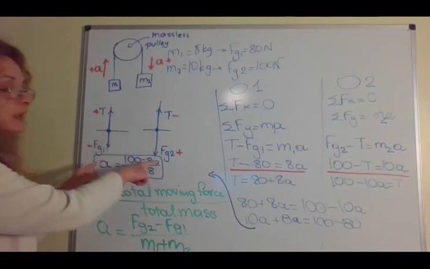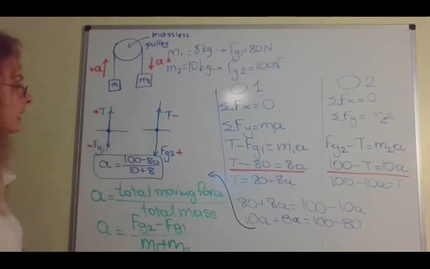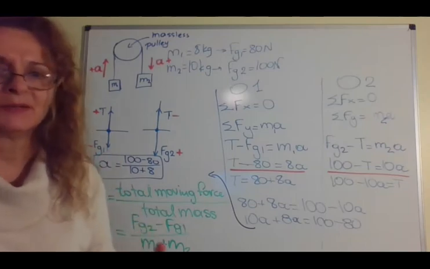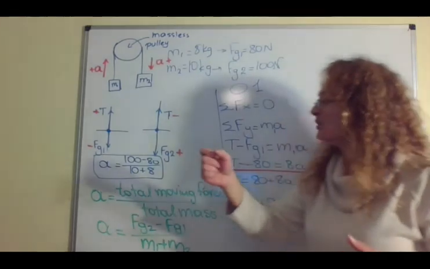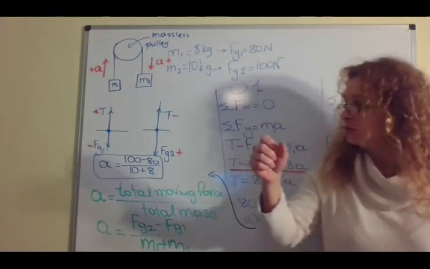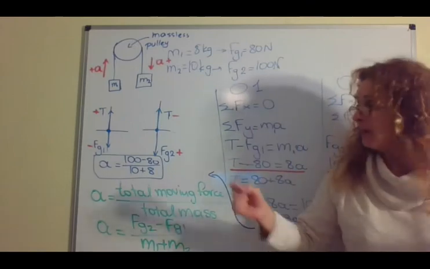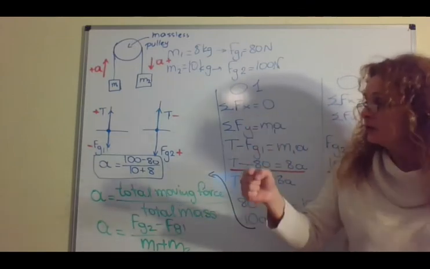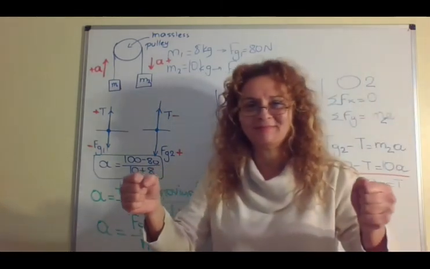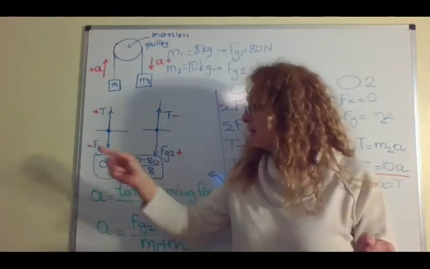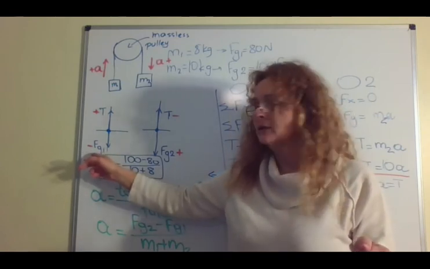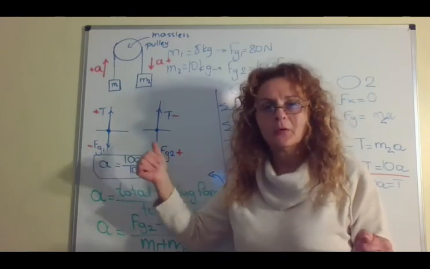I have two forces that actually oppose each other. I have the force due to gravity 2 pulling that way, and the force due to gravity 1 pulling the other way. Apparently, the force due to gravity 2 is stronger, so it will pull the object. But again, this exists and tries to cancel out force 2, right?